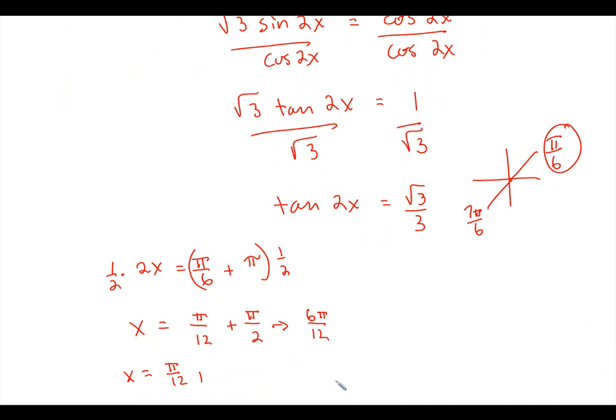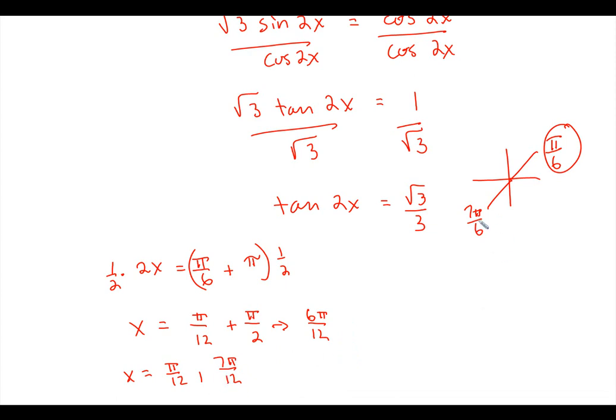So if I add 6 pi over 12 here, I would get 7 pi over 12. Now this is still less than pi, so that's fine. Now if I add another 6 to 7 pi over 12, I would get 13 pi over 12. But this is more than pi, so this goes over our interval. So I know that I don't want this solution, so we're not going to count this one. So I know that we've got pi over 12 and 7 pi over 12.